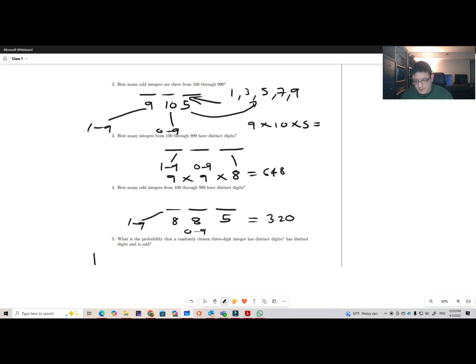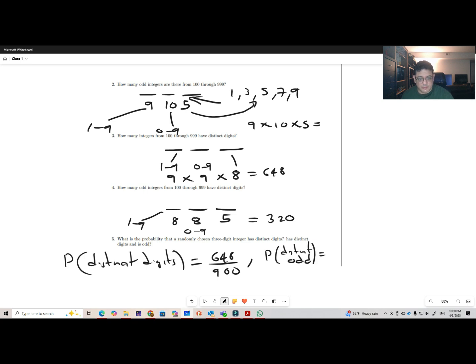So for distinct digits, the probability is going to be 648 over 900, which is the total possible number of 3-digit integers. And then for distinct and odd, it will be 320 over 900.